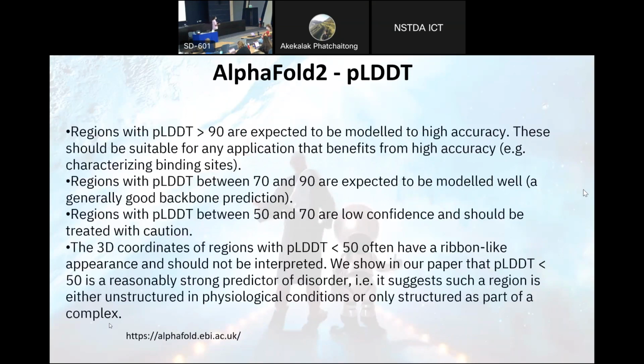Rule of thumb, if it is more than 90, it's highly accurate. If it is less than 50, you probably will get a ribbon-like structure and so on. But that is okay. The reason is that just because you got something that's not predicted well does not mean you have biological information there.